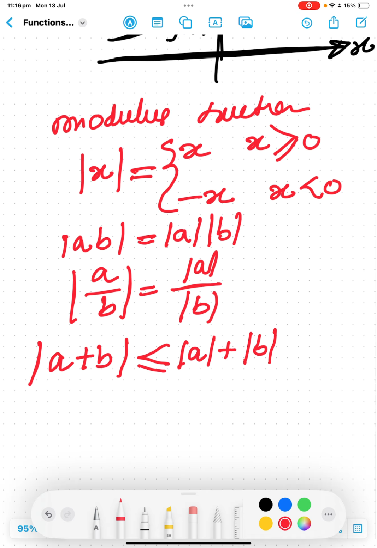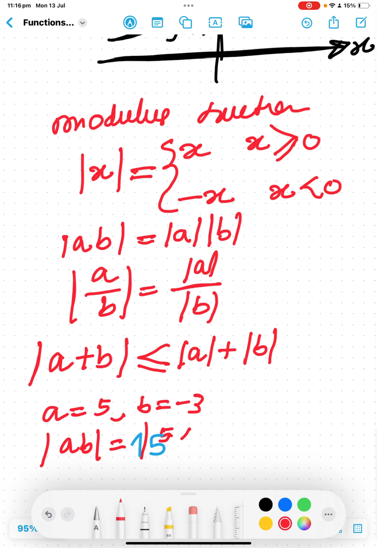So let's do some examples. Let's say a equals 5, b equals -3. Then modulus of ab is modulus of 5 times -3. That would be -15.